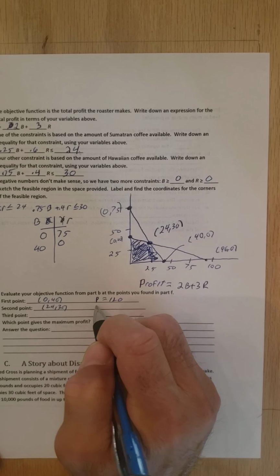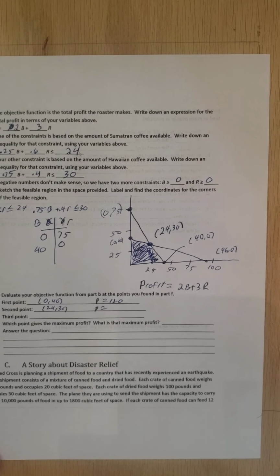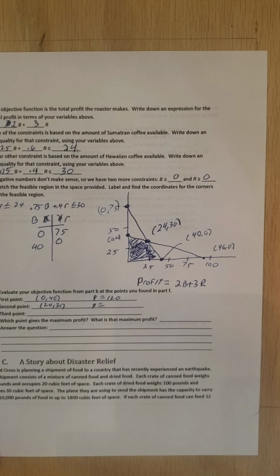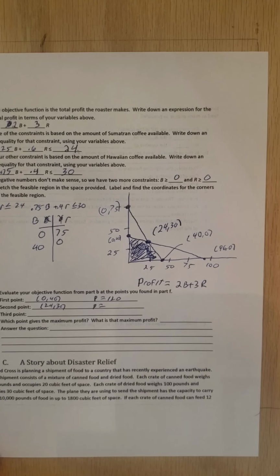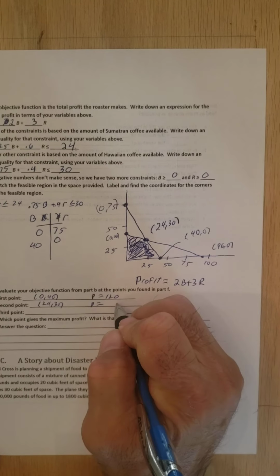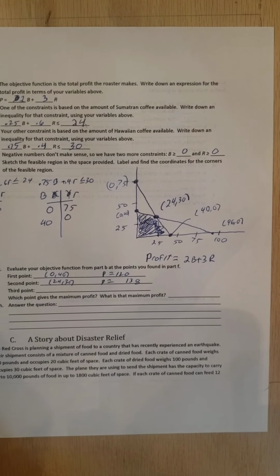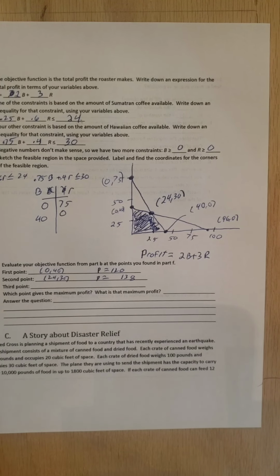My next point will be, I'll just go in this direction, 24, 30. That's the point of intersection. So 2 times 24 plus 3 times 30 is 138. Too excited. Okay?